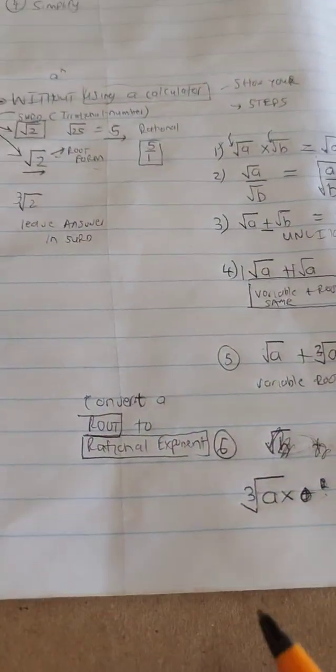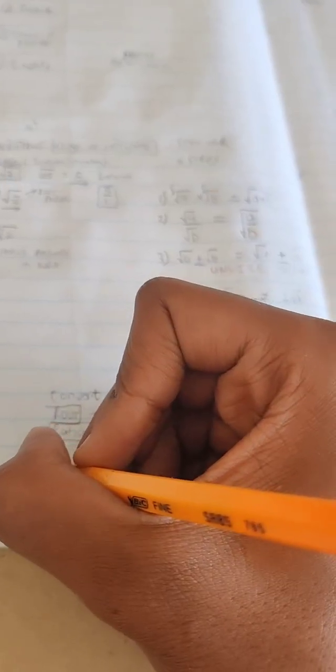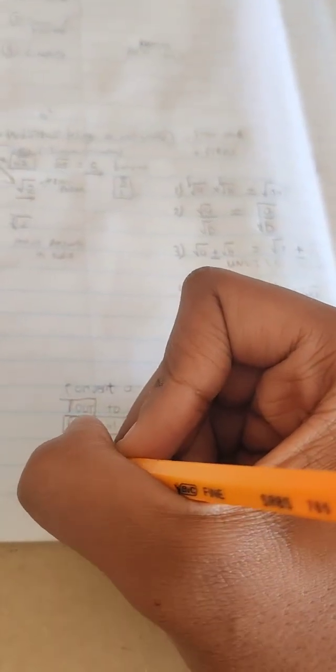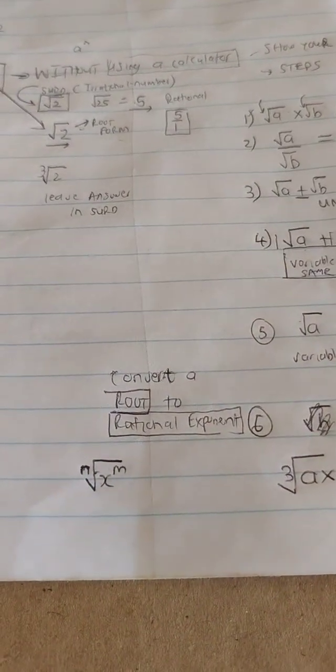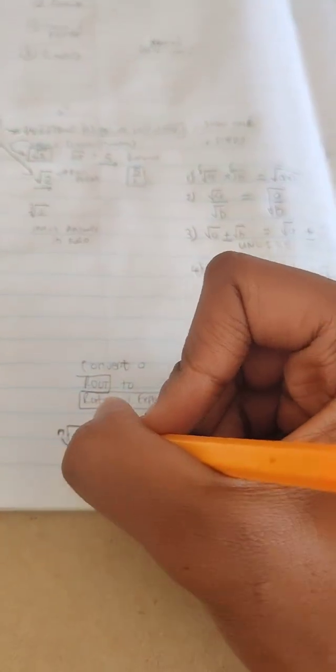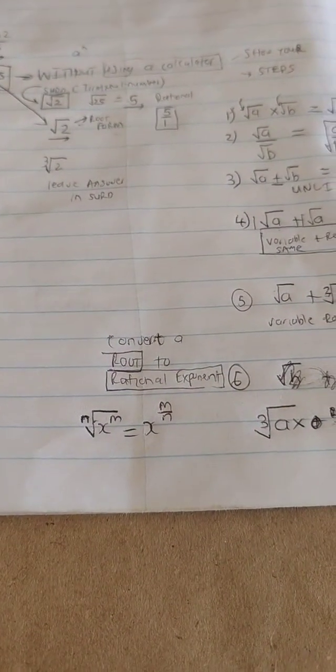If you want to know how to do that, guys, it's simple. If you have the nth root of, let's say, x to the power m, I think I did this in the previous live as well. The nth root of x to the power m can be written as x to the power m over n.